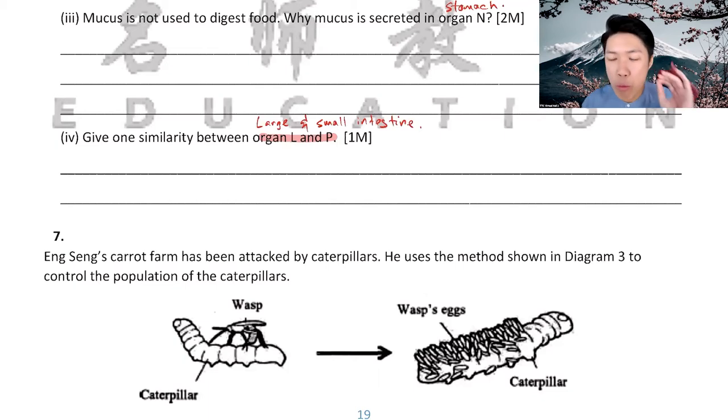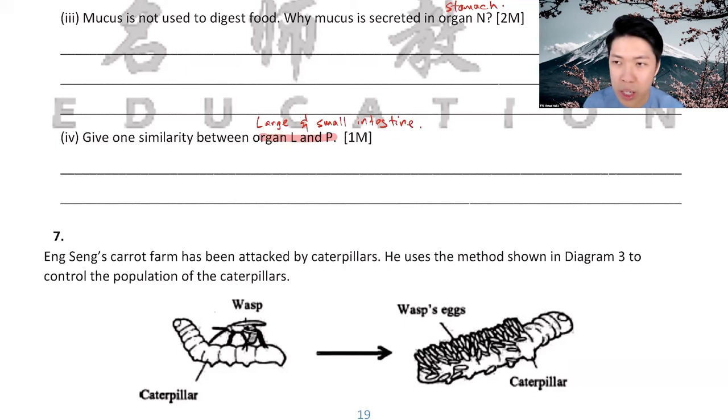That means to move the food, which is peristalsis. So I saw some of your answers like absorb nutrients. I think that's all right, but let me give you what is more significant or what is more obvious at the moment. Yes, but both of them absorb nutrient. Both have really okay, but the large intestine not as much.